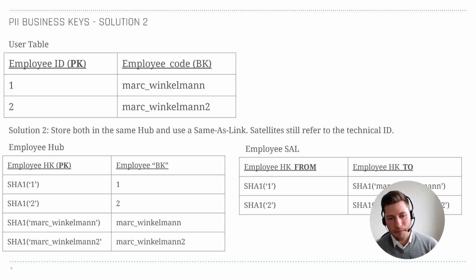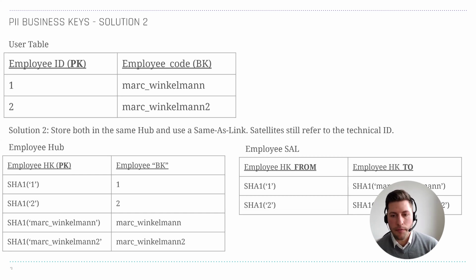Other than that, I prefer this one here with the same-as link, because we use this solution anyway every time a business key can change. It shouldn't be the case, or in the best case not so often, but in some cases business keys can change, for whatever reason.